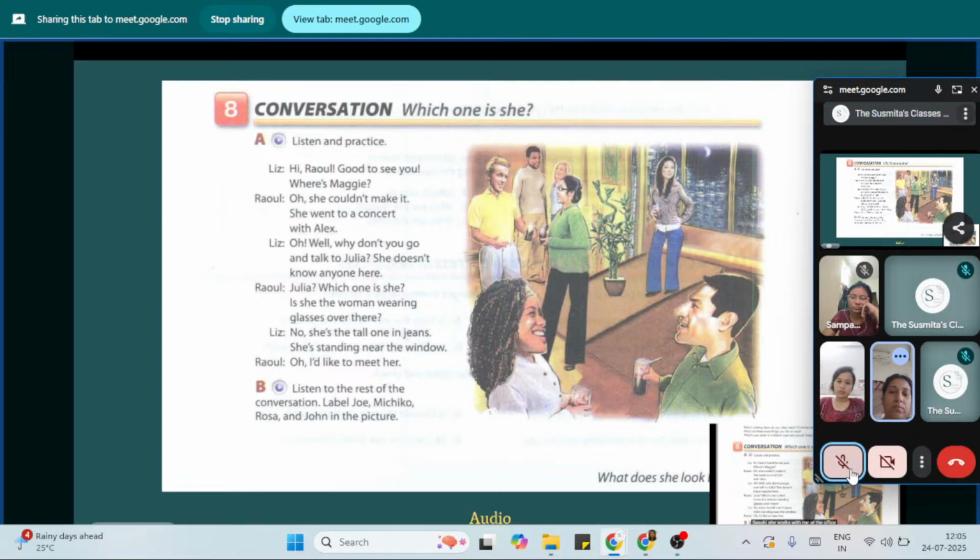Oh, which one is Michiko? She's the woman in black pants and a green sweater. She's wearing glasses. Yeah, I see her. She's the one talking to Joe, right? Uh-huh. And who are those two people dancing? Oh, that's my best friend. Her name is Rosa. She's really nice. That's an interesting purple dress. She's dancing with John DuPont, her new boyfriend. John is Rosa's boyfriend? Yeah. Say, didn't you want to meet Julia? I'm sorry, but which one is Julia again?